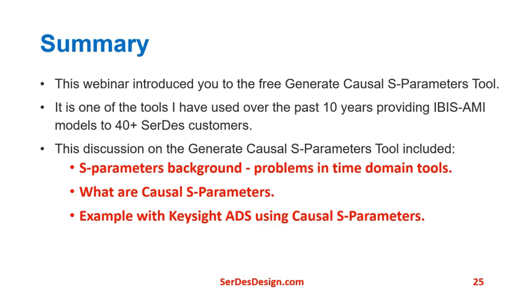The discussion of the Generate Causal S-Parameter tools included S-parameter background, including problems in the time domain tools, what are causal S-parameters, and an example with Keysight ADS channel simulator using causal S-parameters.